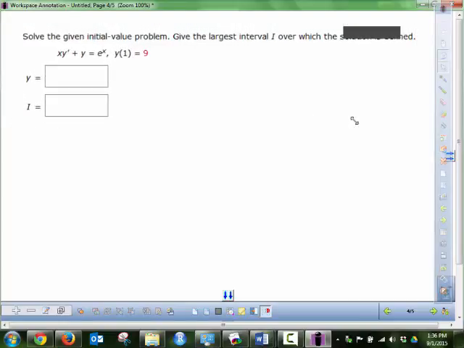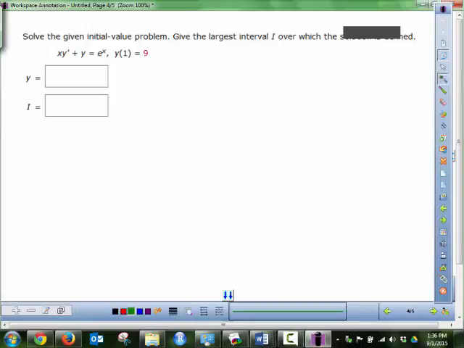All right. Let's see if we can do this. This is y prime plus 1 over x times y is equal to e to the x over x. Here's that e to the x over x thing again.